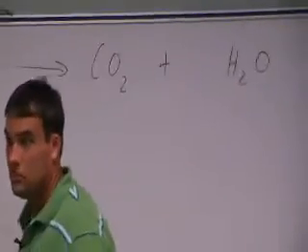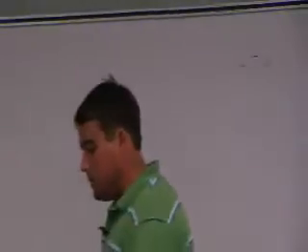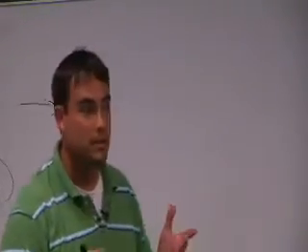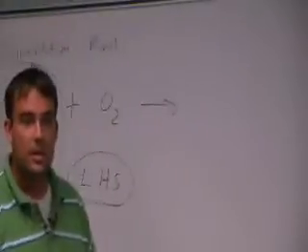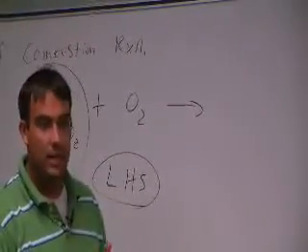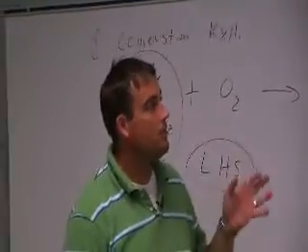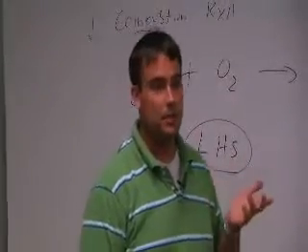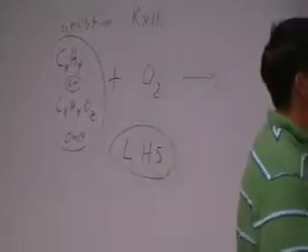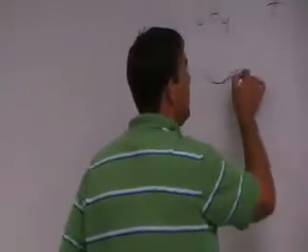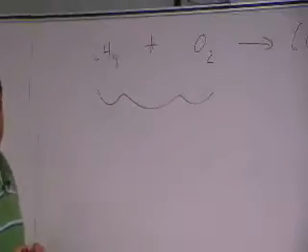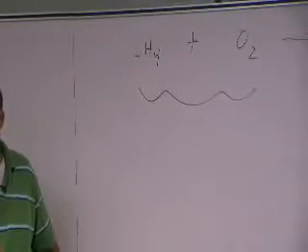Period. It doesn't matter if you burn methane, propane, octane, heptane, decane, it does not matter. If it only contains carbon and hydrogen, your byproducts will be CO2 and water. Let me stop for just a minute and define some terms here. First off, everything on the left-hand side of a reaction arrow is considered to be your reactants.